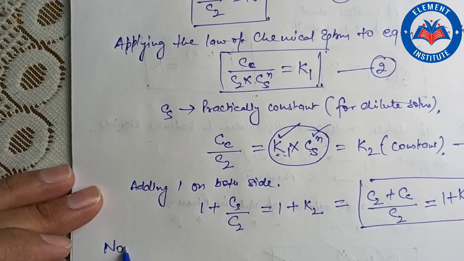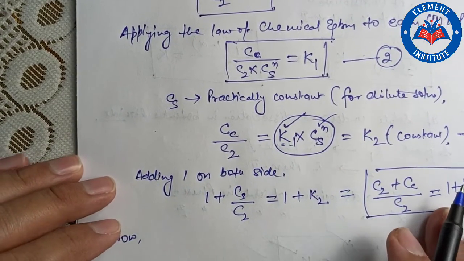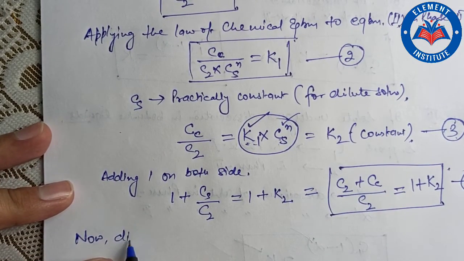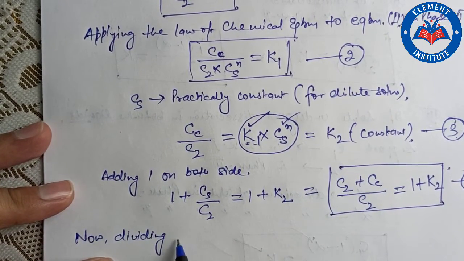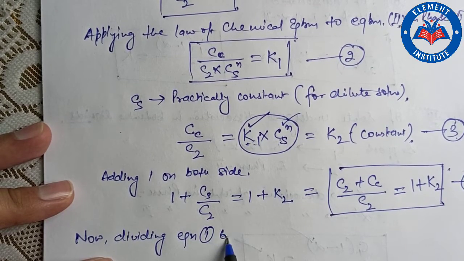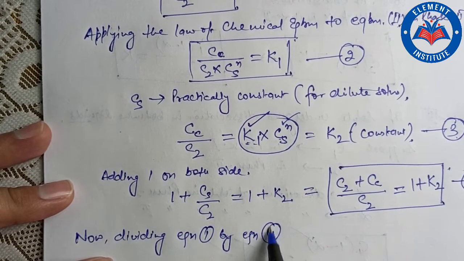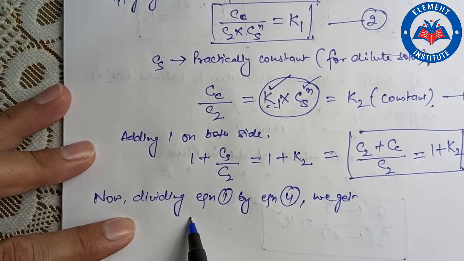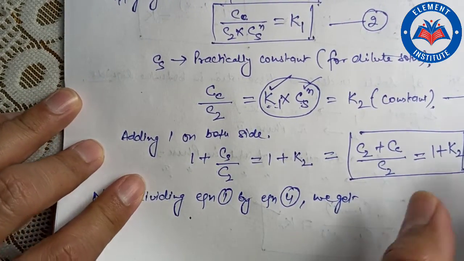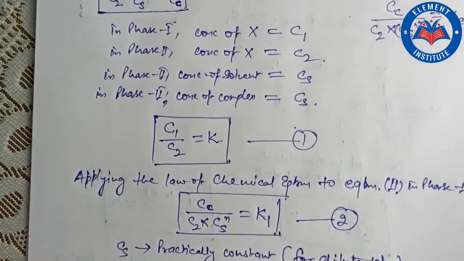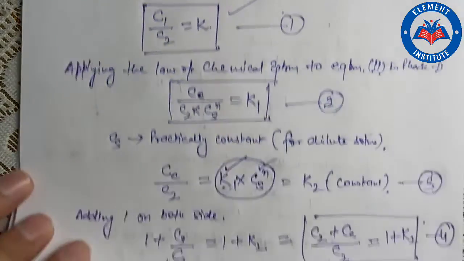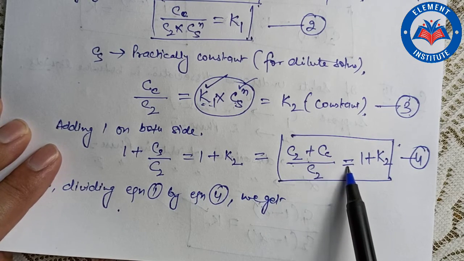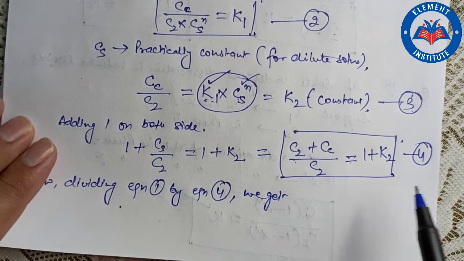Now dividing equation 1 by equation 4, we get, what is equation 1? It is C1 upon C2 equal to K. What is equation 4? That is C2 plus CC upon C2 equal to 1 plus K2.